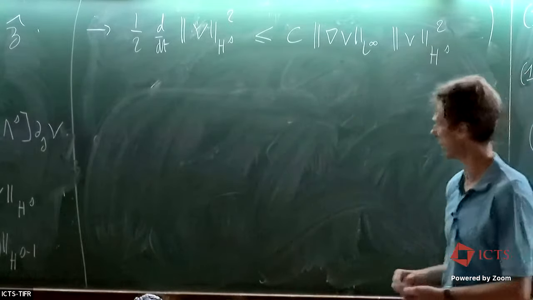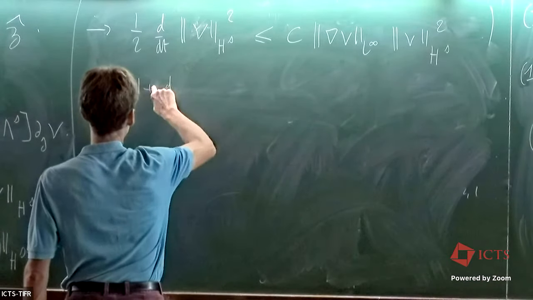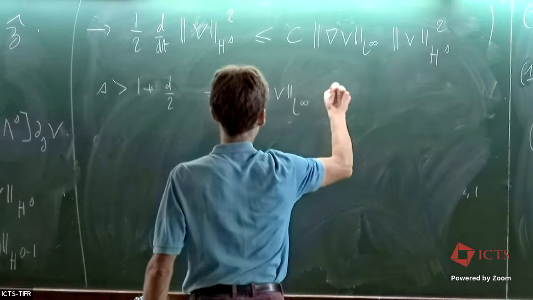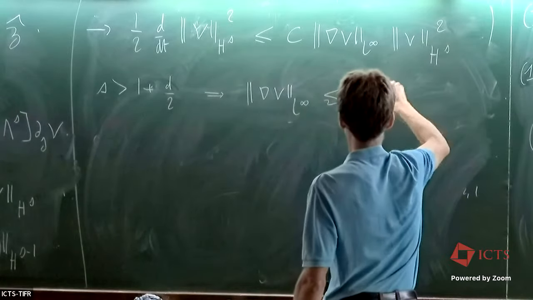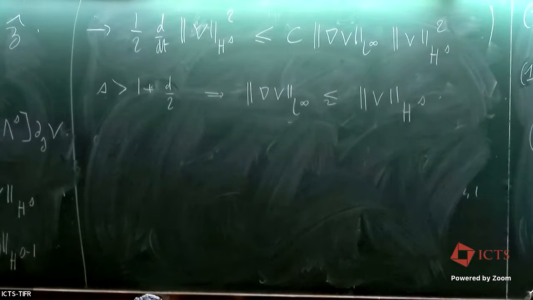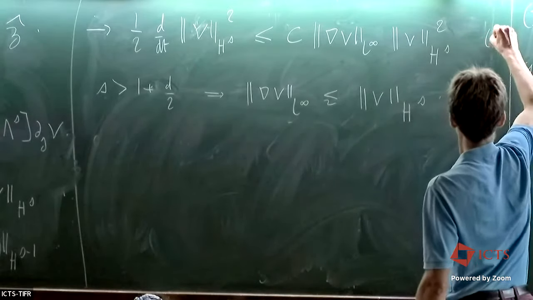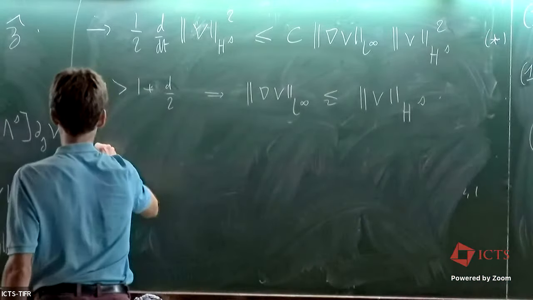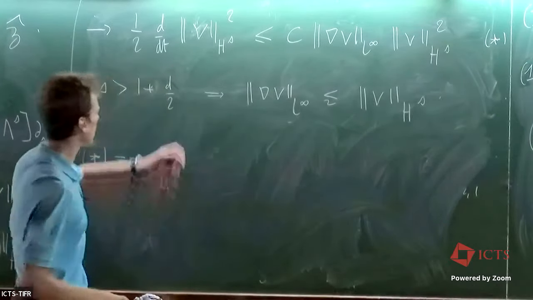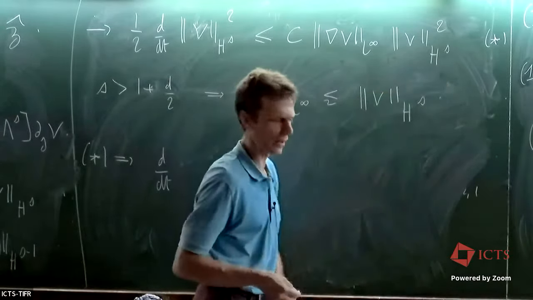High enough means greater than 1 plus d over 2, because in this case, indeed, you have a control of this by the H^S norm. So if you take S like this, it will imply this kind of inequality. You may notice that at least formally I can simplify by the H^S norm of V once. Well, it's formal, but you can make it rigorous.